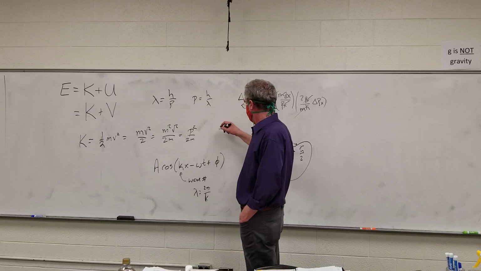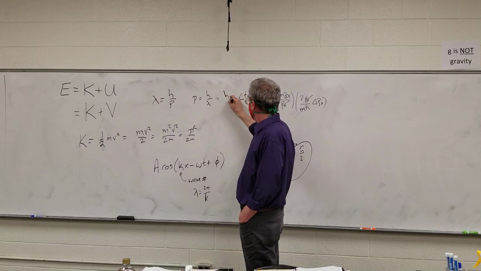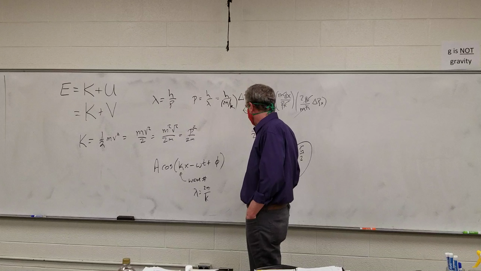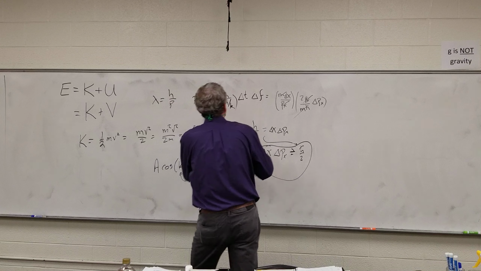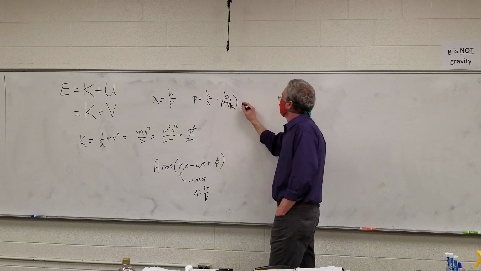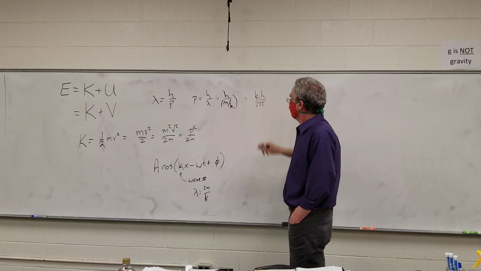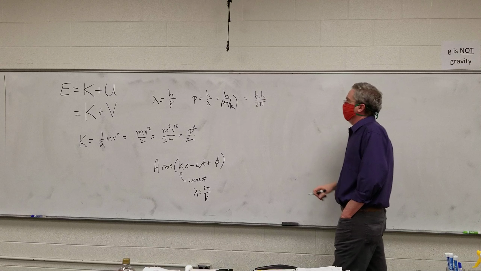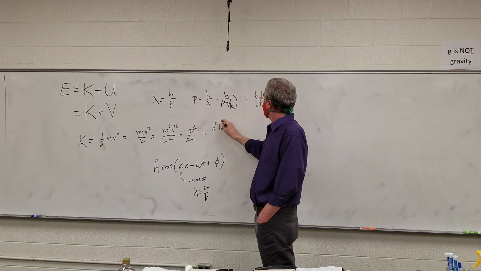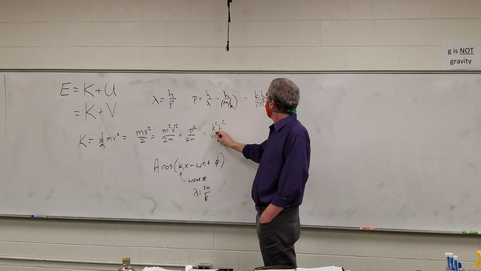So therefore, p is equal to h over 2 pi times this lowercase k, which is k h over 2 pi. If I plug that into here, I get k squared h squared over 4 pi squared.